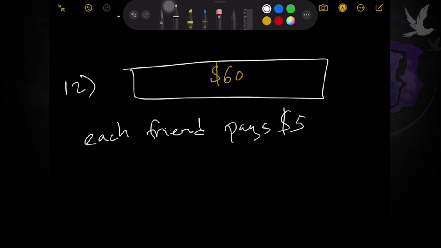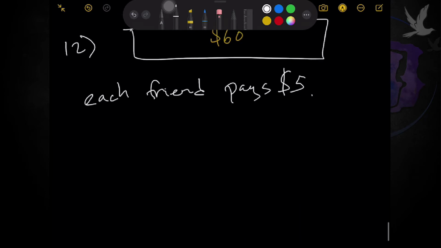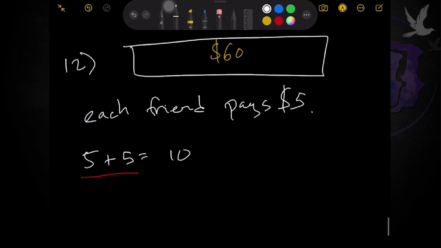Okay, how many friends are there daw? So meron tayong 5, no? 5 plus 5 will give us 10. So at this point, we already have 2 friends. So we need to keep doing this. Logic lang to. This is the logical approach. If we add another 5, it now gives us 15. So we now have 3 friends.